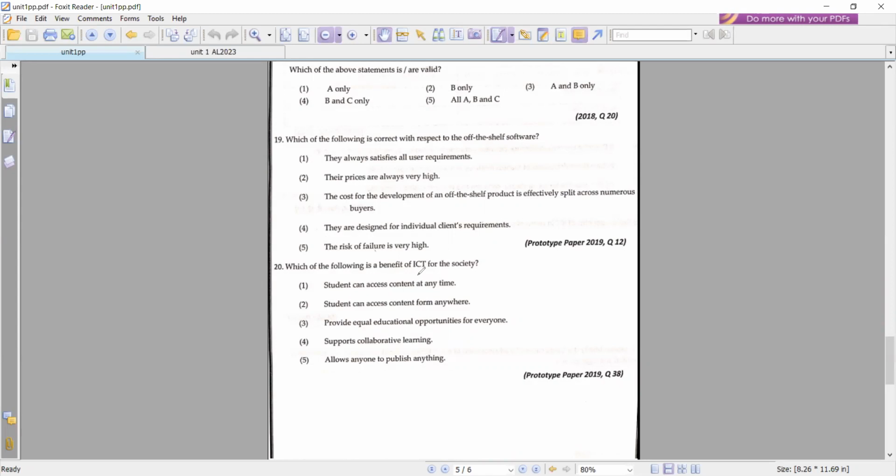Which of the following is a benefit of ICT for the society? When you are taking this benefit for the society, the best answer is providing equal education opportunities. Why am I saying that? As an example, suppose you are far away from this Gampaha area, and still you want to connect to this class, it is possible, right?